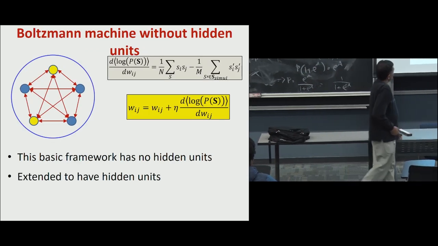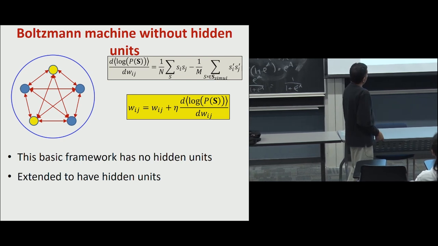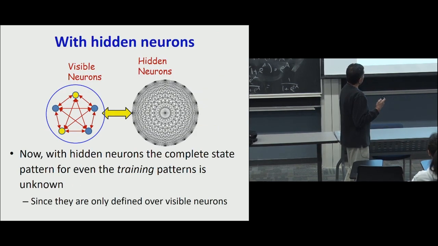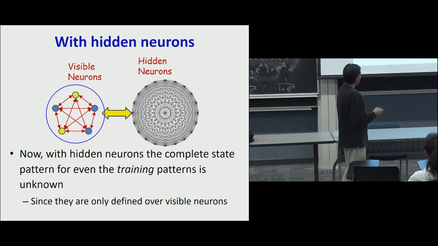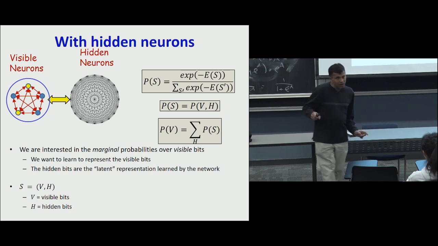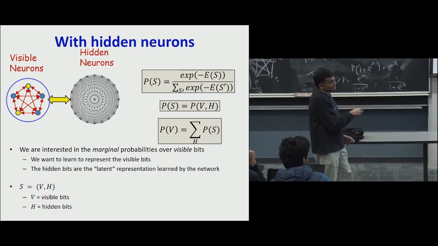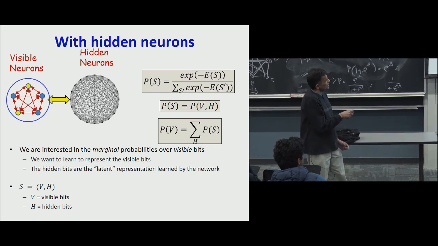Look at this. This is the basic Boltzmann machine, right? With no hidden units. I'm going to extend it with hidden units, these guys. But now, when I speak of the state of the system, it includes the state of the visible neurons and the state of the hidden neurons.